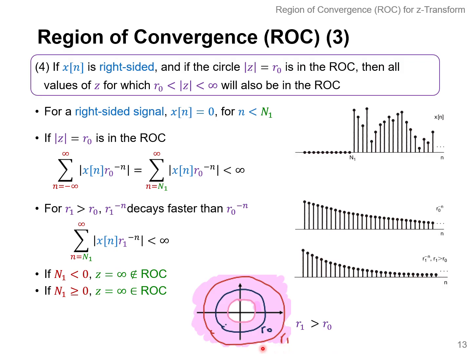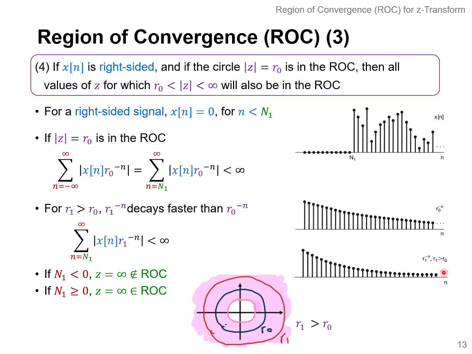The idea is simple. If the signal converges on the circle with radius r0, then it will also converge for any value larger than that. The reason is that the term that depends on the radius becomes smaller when the radius grows.